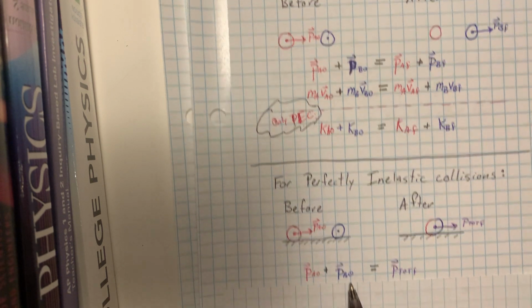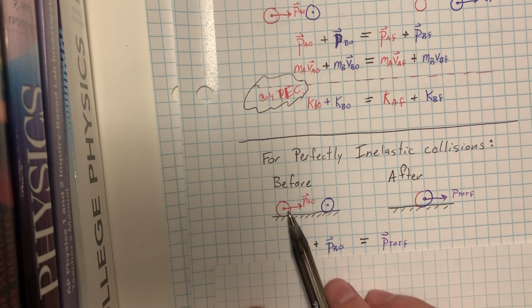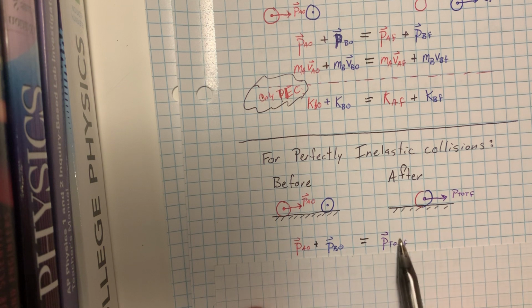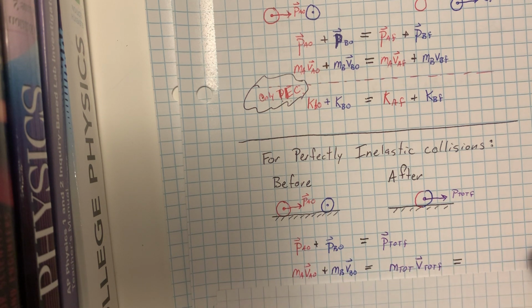We're going to have one term for each object: PA naught, PB naught, and then just one over here because it's P total F. When we write that out in mass and velocity, we get MA VA naught plus MB VB naught.